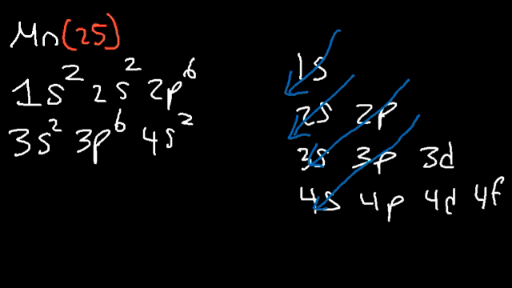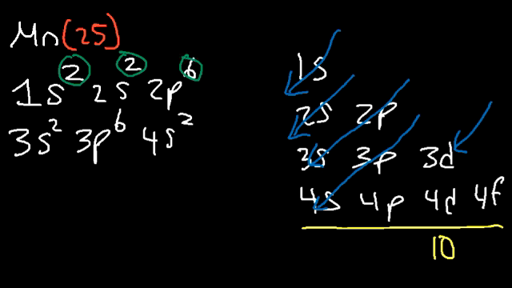After 4s we have 3d. The d sublevel can hold up to 10 electrons, but we don't need all 10. Right now, 2 plus 2 plus 6 is 10, and 2 plus 6 plus 2 is 10, so we're at 20. We need 5 more to get to 25, so we're going to stop at 3d5. That is the electron configuration for manganese.